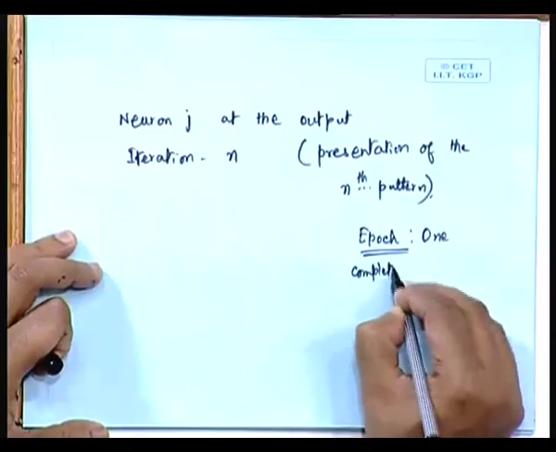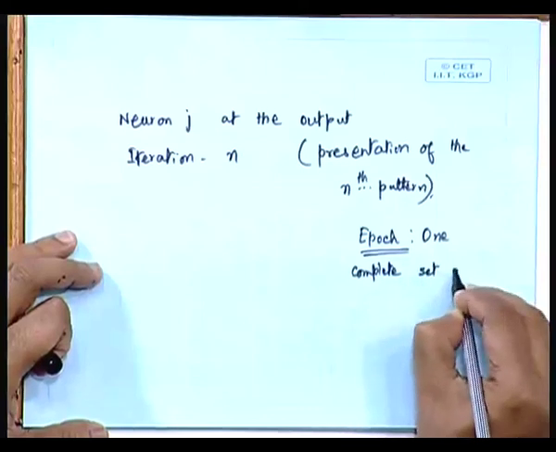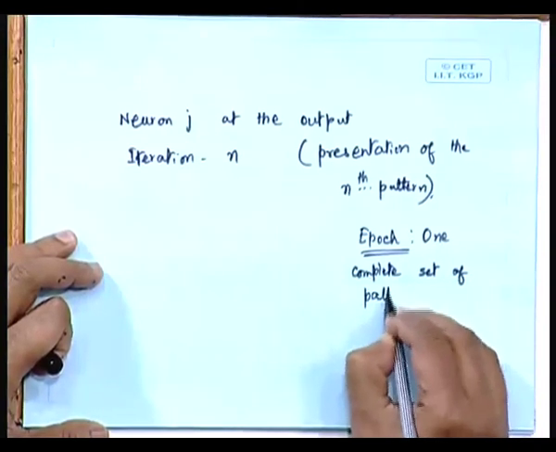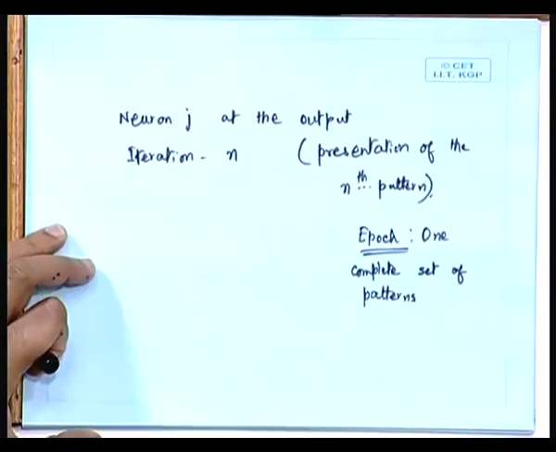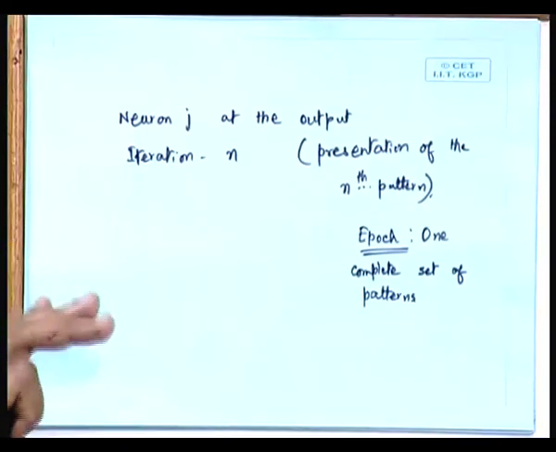So, instead of waiting for one complete set of patterns or an epoch, we were updating the weights with the presentation of every training sample. That is what we were doing for the case of LMS, because we were considering only the instantaneous error energy, that is, Ej of n squared.